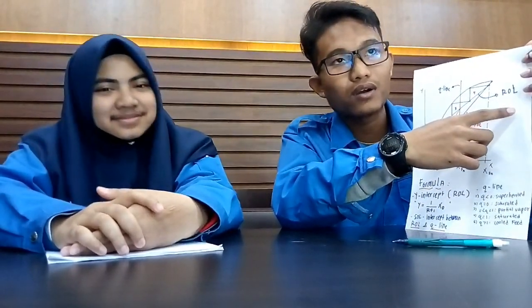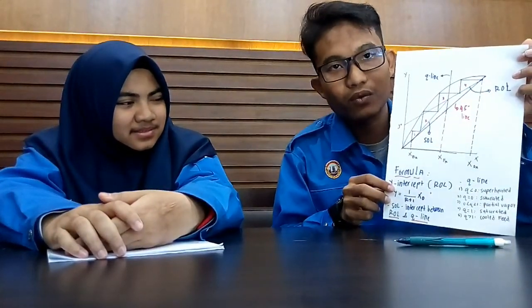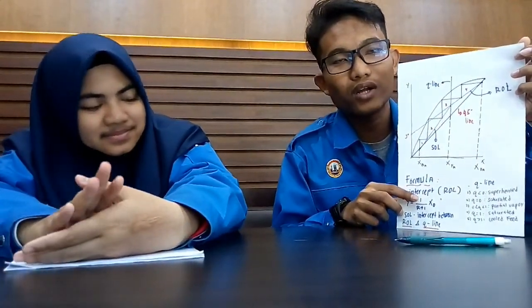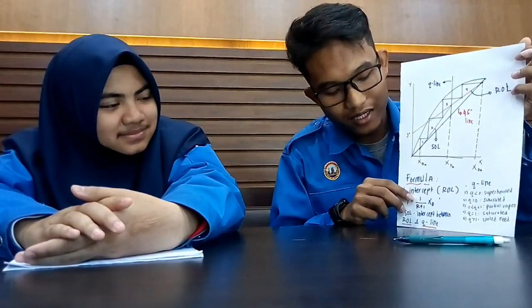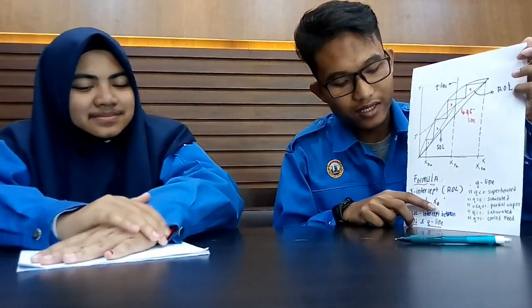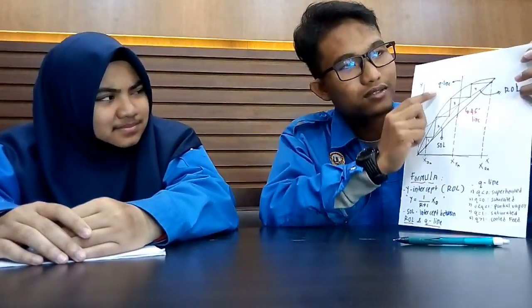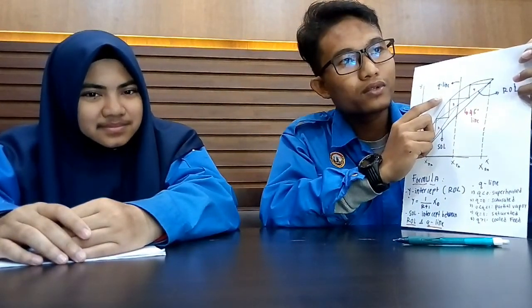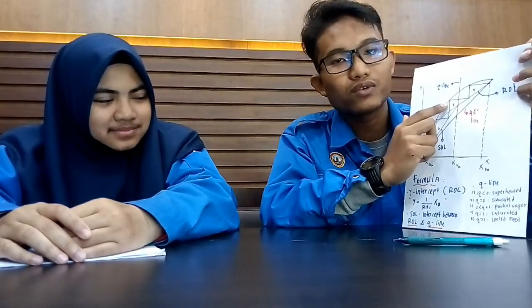To get the y-intercept of the ROL, we use this formula, where y equals 1 over R plus 1 multiplied by xD. R refers to the reflux ratio, and xD refers to this value. And then the Q line, to plot the Q line it depends on the equation.